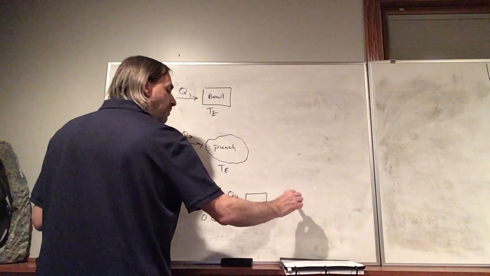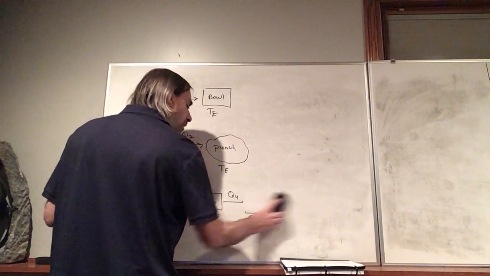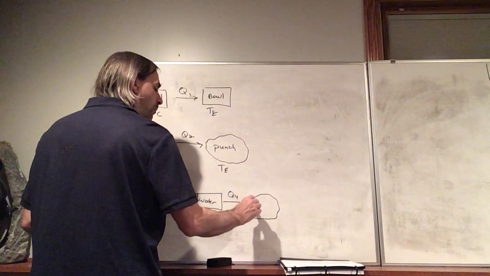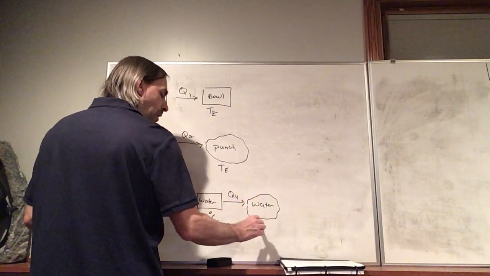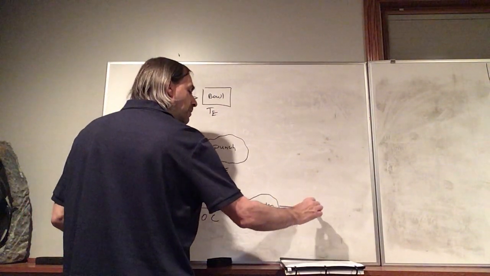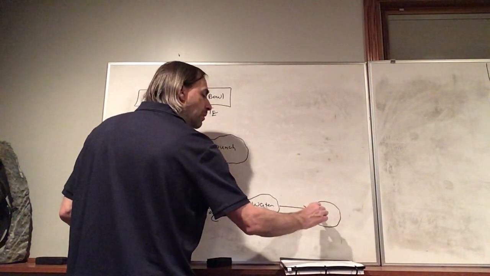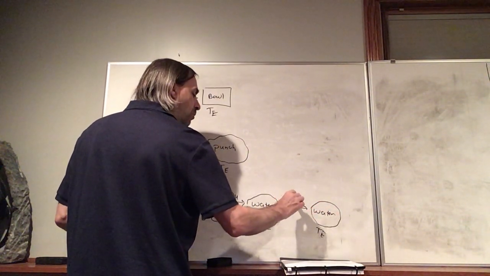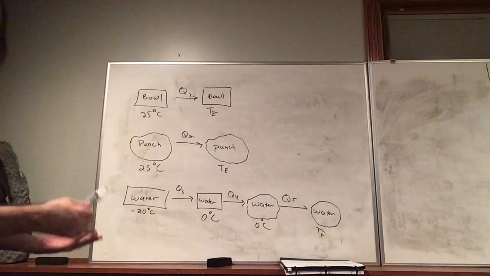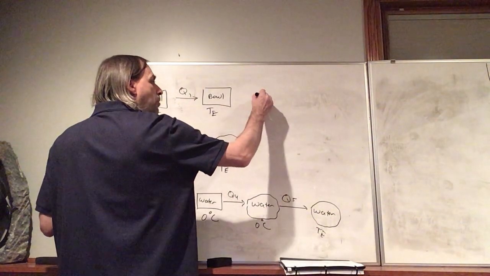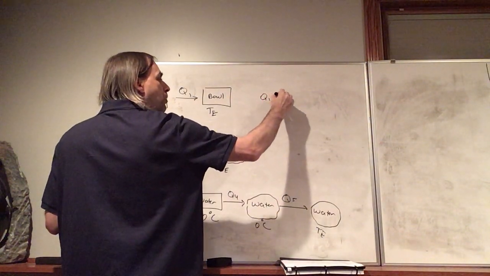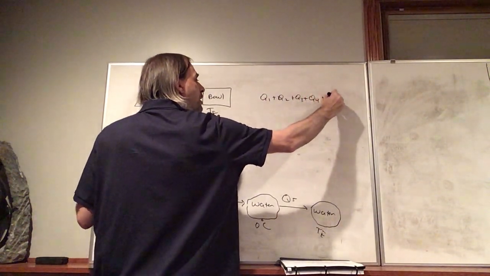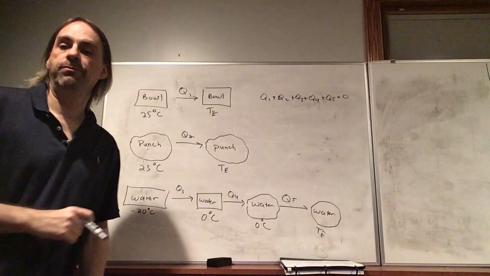Oh wait, sorry, it melted, so now we have liquid water at 0 degrees Celsius, but then it has to reach equilibrium temperature TE, so that would be Q5. And just like before, just add it up: Q1 plus Q2 plus Q3 plus Q4 plus Q5 equals 0.